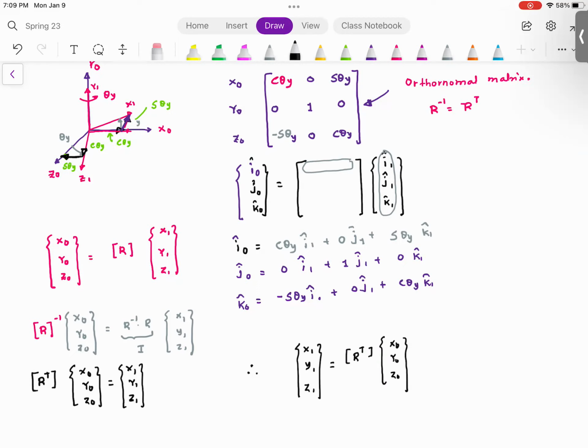Everyone understood this? So rotation matrices are super duper important. And once you understand the rotation matrices, forward kinematics is a piece of cake.